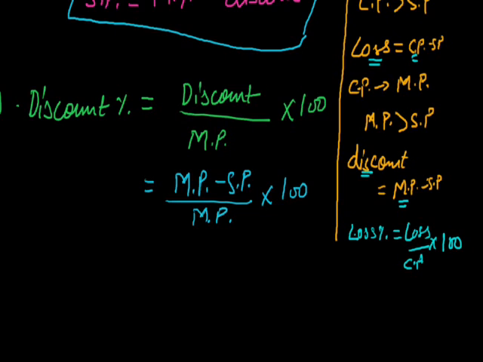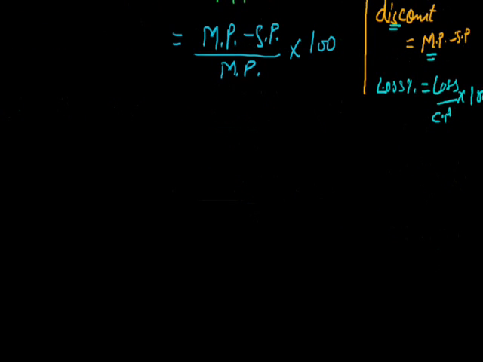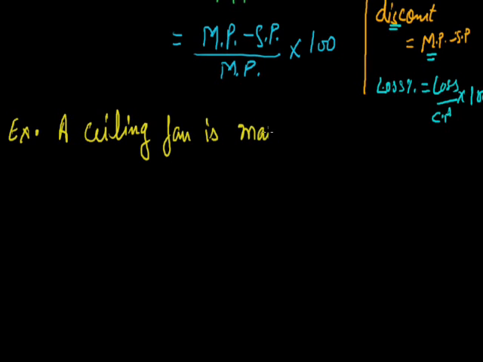Now let us see some examples to understand how to calculate discount. First example: a ceiling fan is marked at rupees 1540.